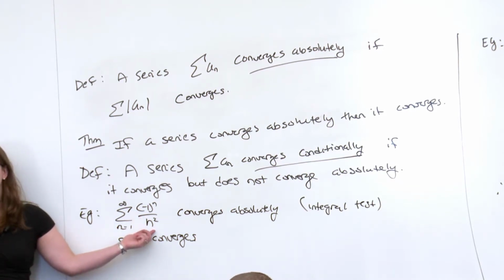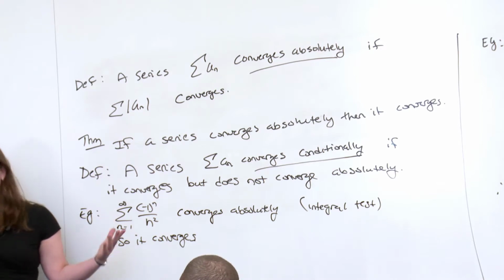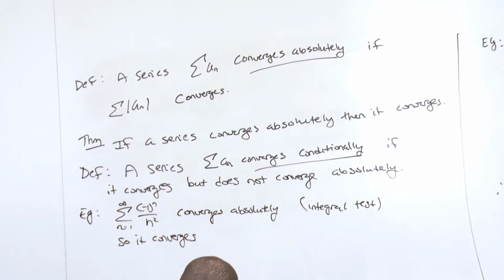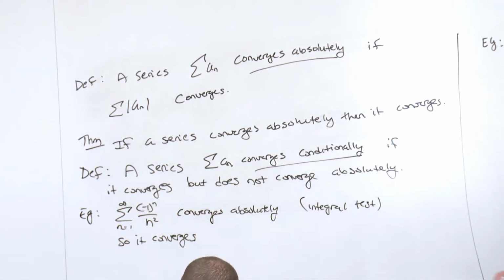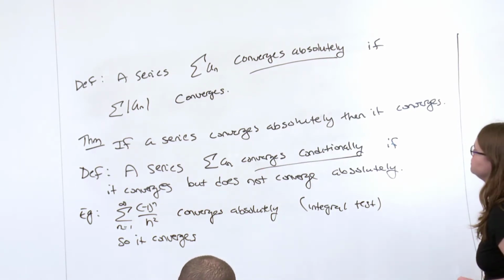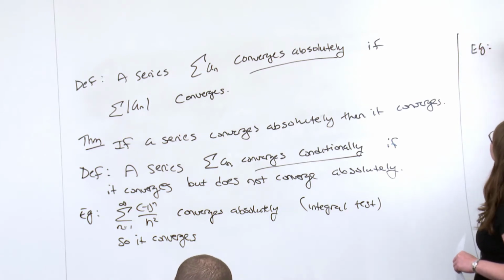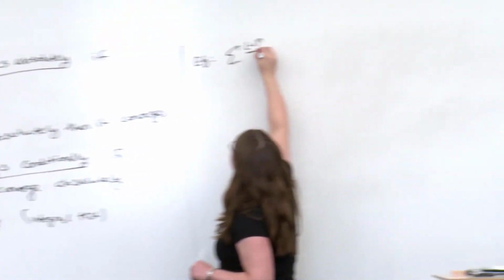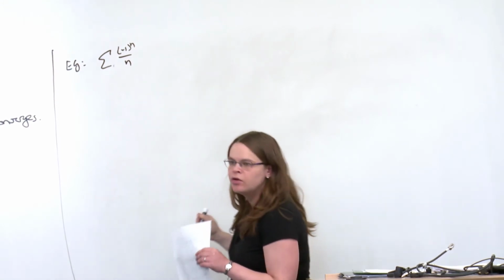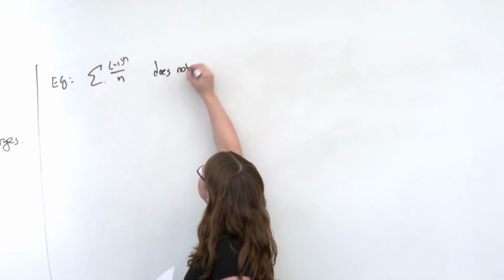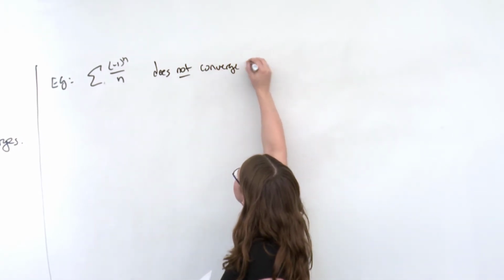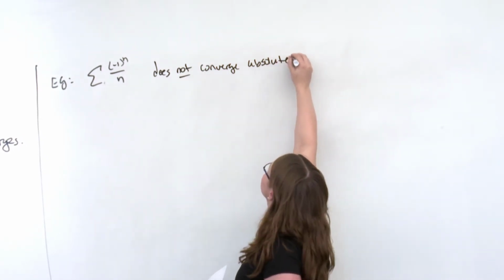If instead of an n squared here, I just had an n, now all of a sudden we can't make that argument, and we know that our harmonic series diverges. So if we have our alternating harmonic series, we know this doesn't converge absolutely. But that doesn't tell us whether it converges.